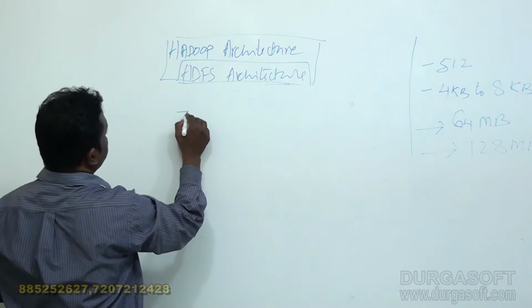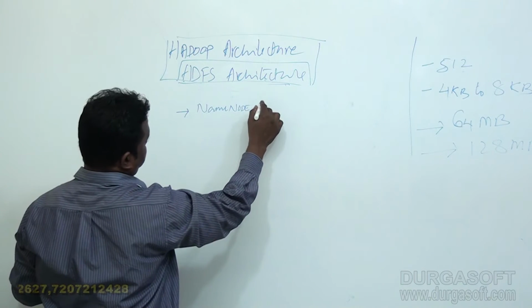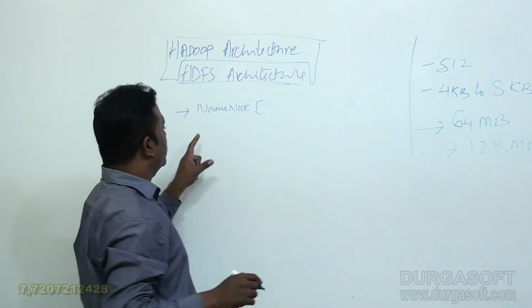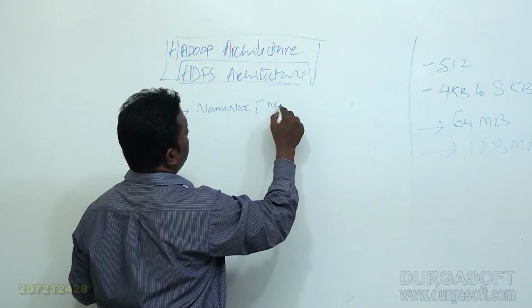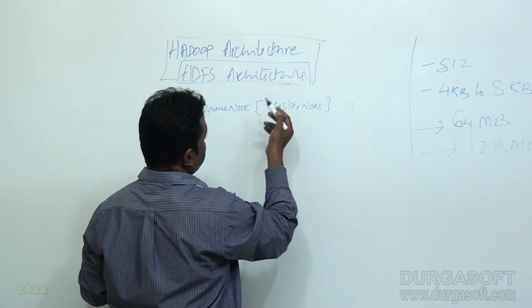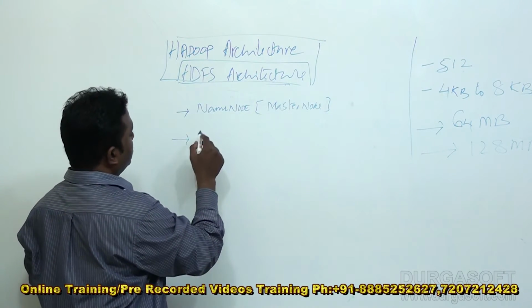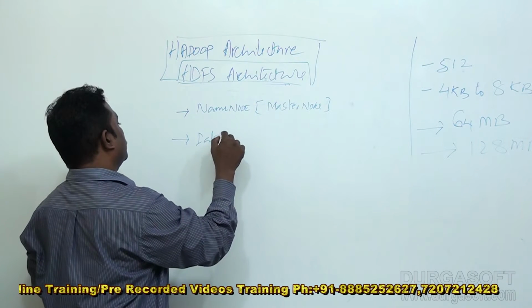We have a name node, which we call the master node, which is expensive and a server grade machine, and we have data nodes.